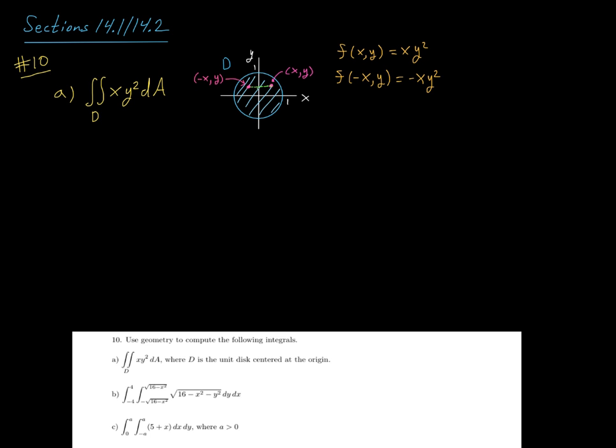We're positive in both quadrants 1 and 4, because x would be positive and the square term for y is always non-negative. So over here we're going to be negative. But by the symmetry, it's even stronger than that. Any volume below our surface and above quadrants 1 and 4 gets canceled out by the corresponding equal but opposite volumes from quadrants 2 and 3.